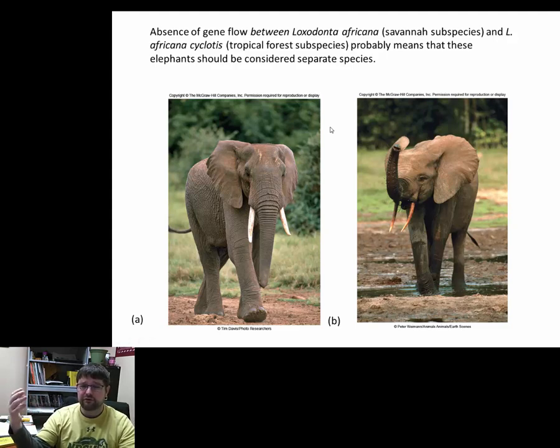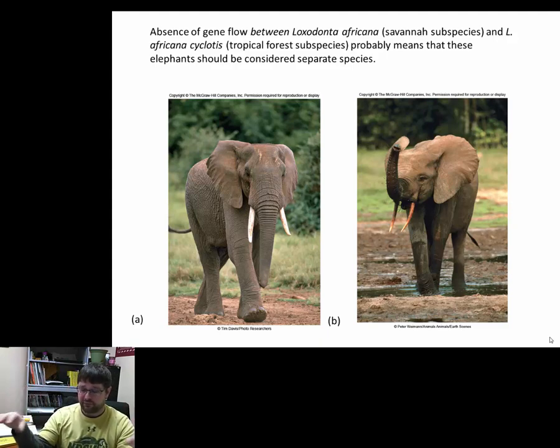So to get evolutionary change, it takes quite a bit of time for that to occur. Even at that, because we as humans have isolated populations and we've stopped gene flow between populations, we have what we call a savanna subspecies of elephant and a tropical forest subspecies of elephant. And you can tell the difference between these.